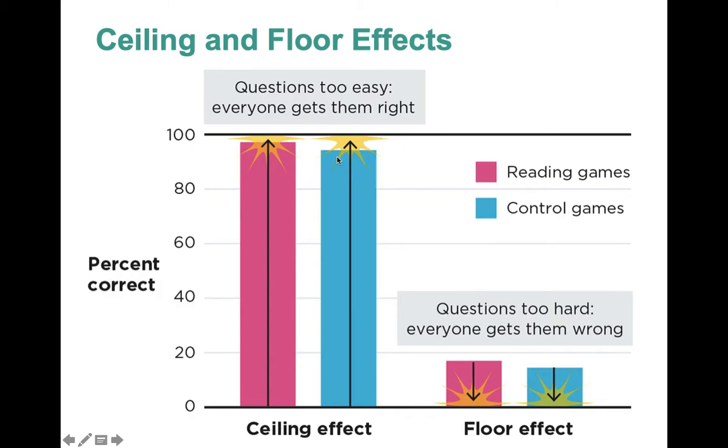And because scores are clustering on the high end, with people getting close to 100%, we're not able to detect a difference between the two experimental conditions.